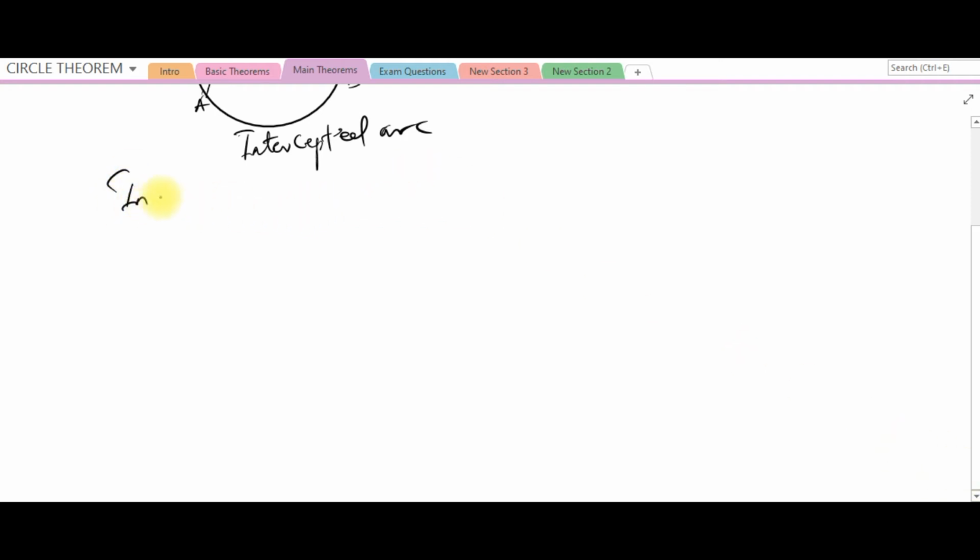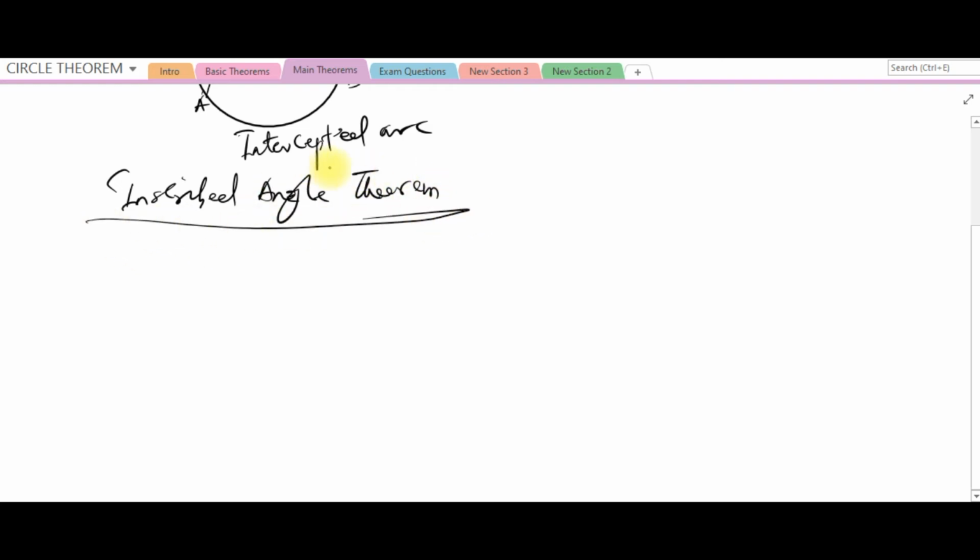So the first theorem, the inscribed angle theorem. It has something to do with the inscribed angle.